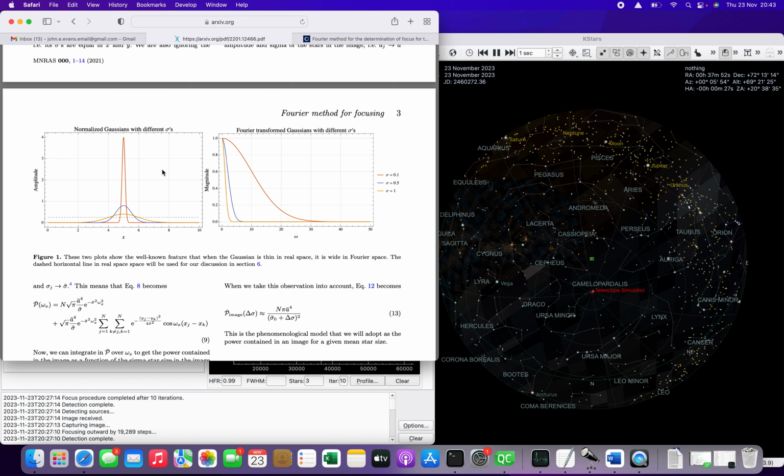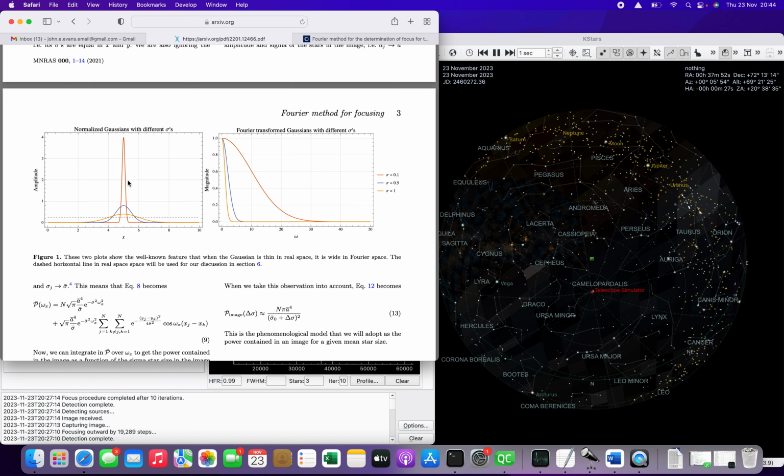The first thing to be aware of is that a Gaussian transforms to another Gaussian in Fourier space. Again, you can Google mathematical proofs of that if you're interested.